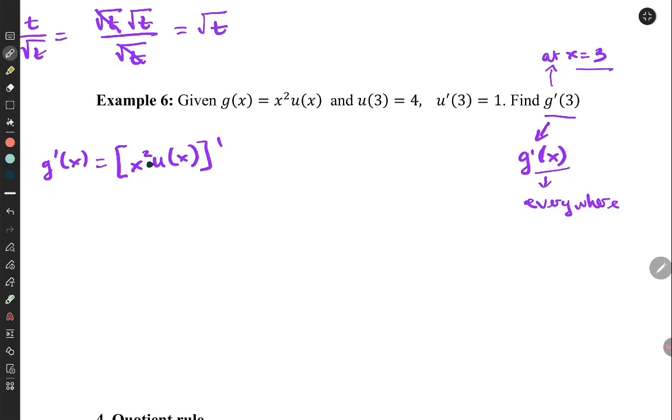Usually you put it like this, arbitrary; you don't give it something specific. You call this arbitrary, random. So this is a random function here. Just treat it like a function. I have a function multiplied by another function, so use the product rule. Let's expand this, use the formula, and see what you get.